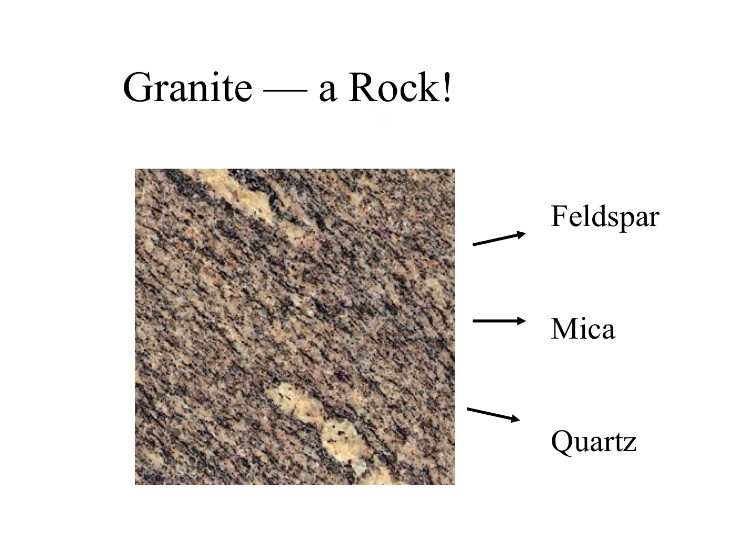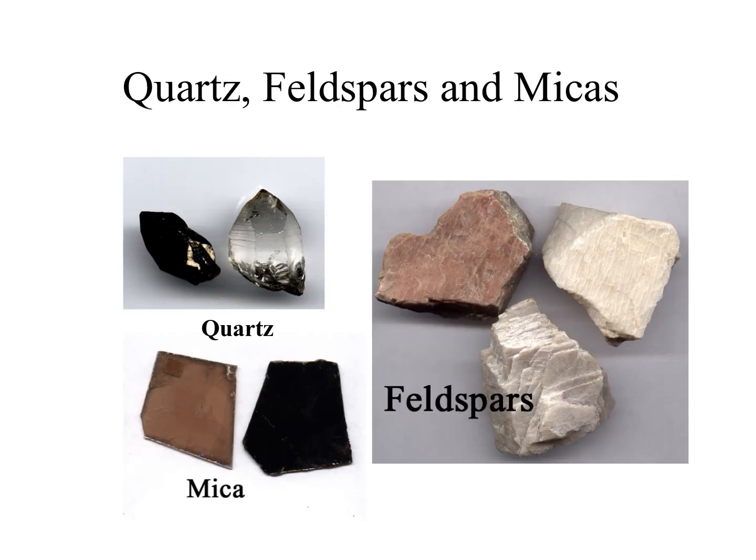It has feldspar, mica, and quartz in it. And you can look further at those pure quartz and feldspars and micas. So this is what they would be in pure form. But when you're looking at granite, that's an aluminous silicate mineral, and when it breaks down, it forms clays.